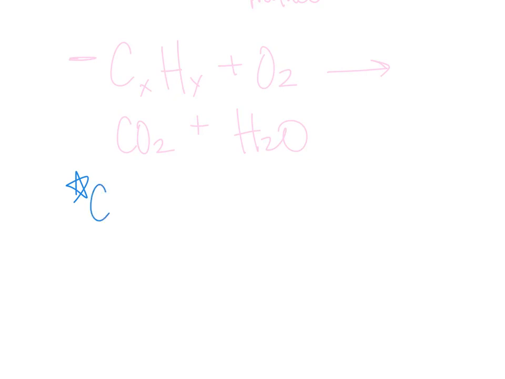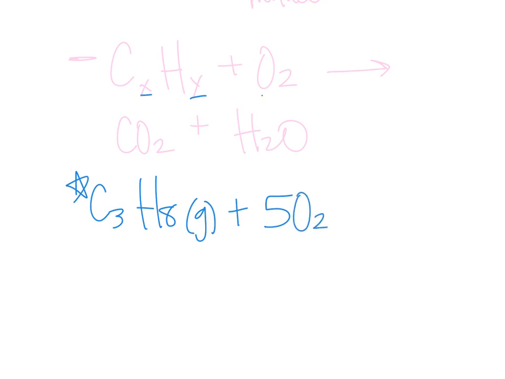If we had C3H8, so those can vary because those are the X and the Y, so they can vary, and that's a gas, plus 5O2, 5 oxygen gas, that's going to yield CO2 plus H2O. Okay, but the only thing we have to figure out is the balanced equation.